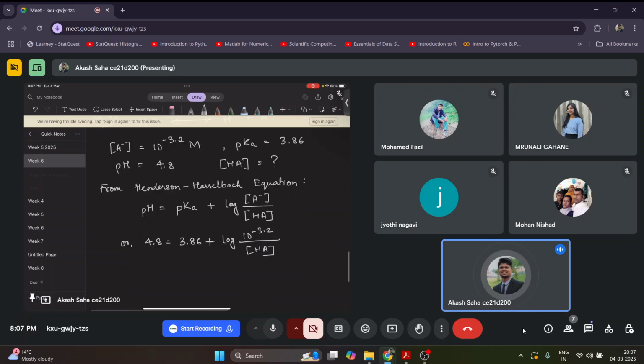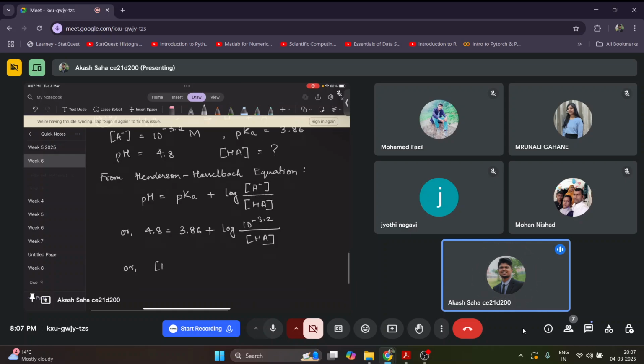If you solve this, you will get HA as 7.244 into 10 to the power minus 5 molar. So my answer will be 7.244, because we have to find it in terms of 10 to the power minus 5 molar. The correct answer will be 7.244.